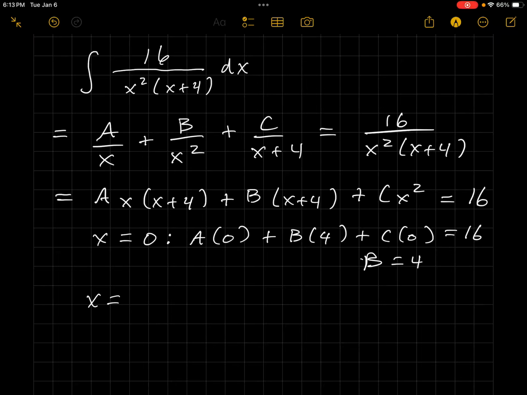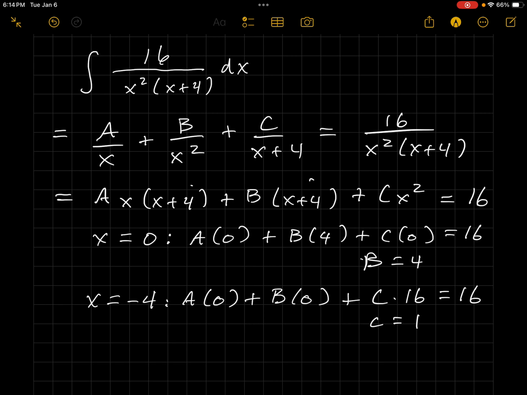Let's choose x equals negative 4 to make some of my factors 0 here and here. And I get a times 0 plus b times 0 plus c times 16 equals 16. So c equals 1.